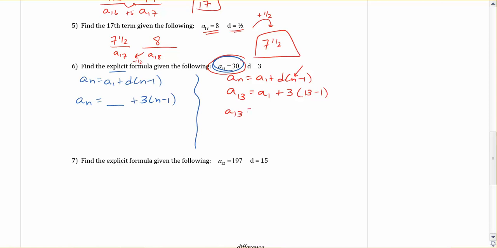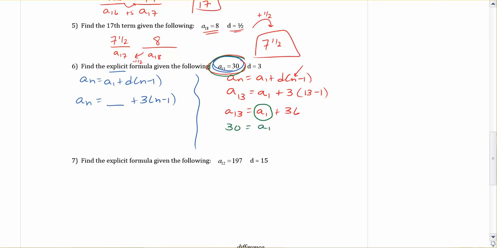So if I simplify that, I have A1 plus 12 times 3, which is 36. Okay, the issue is I still don't know what A1 is, right? In order to find that A1, I've got to know what A13 is. But that's why they gave me this. A13 is really equal to 30. They're saying the 13th term is really equal to 30, right?